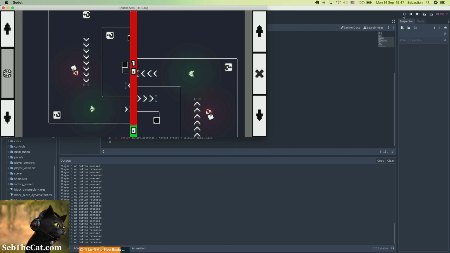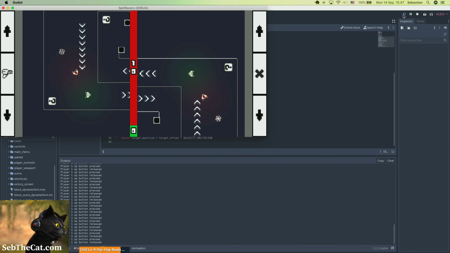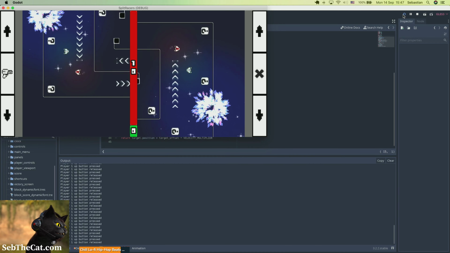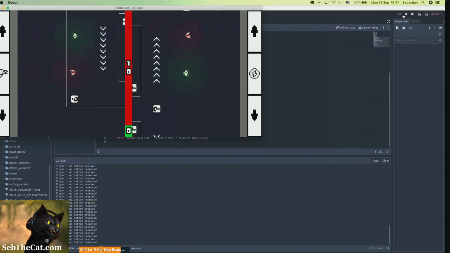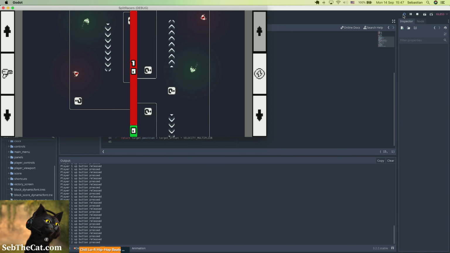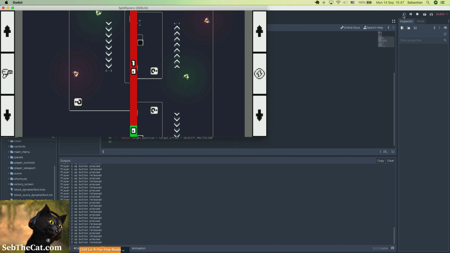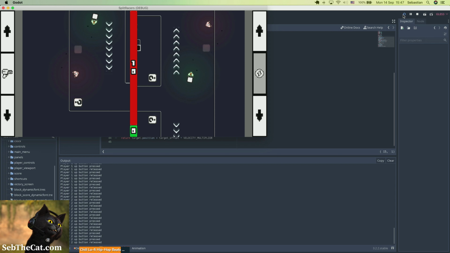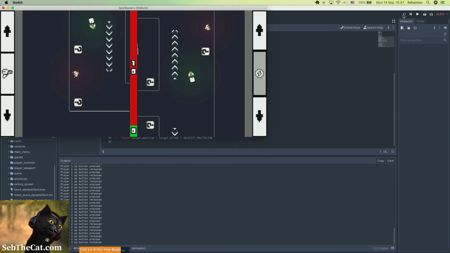Interesting. My power-up seems to have been interrupted. So I think when I rebuilt the GUI system, I think I made it possible for the weapon power-ups to be interrupted. Or is it just going really slow?